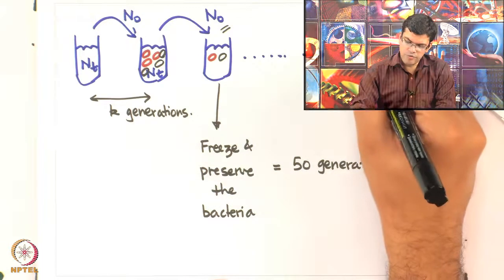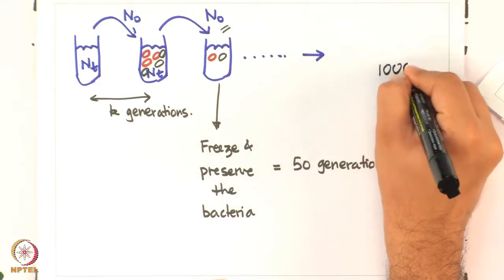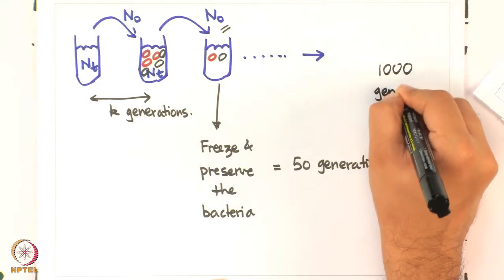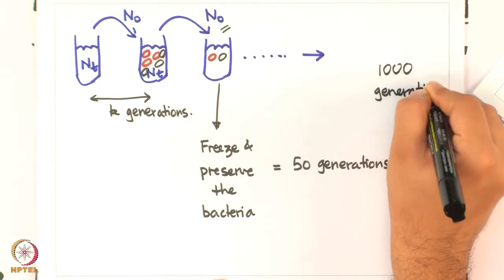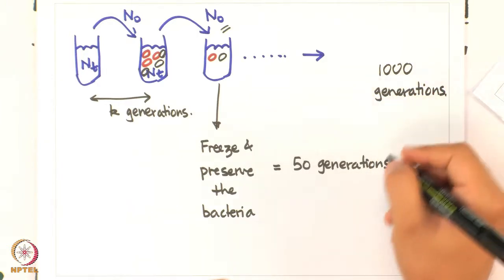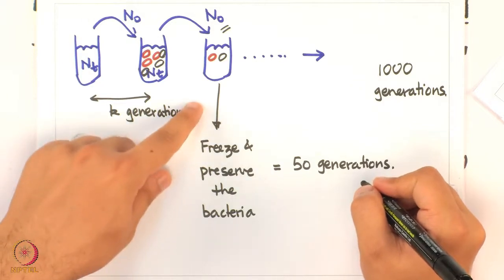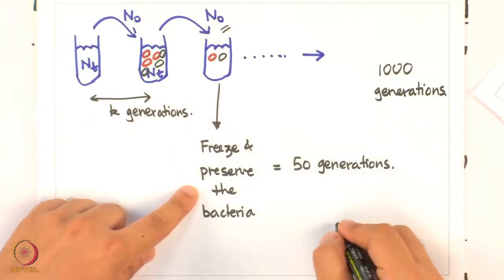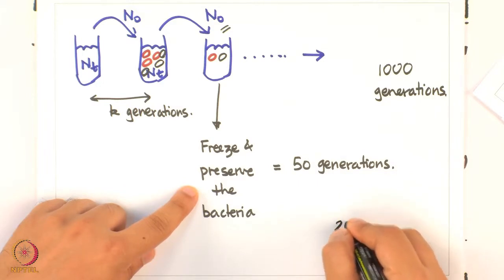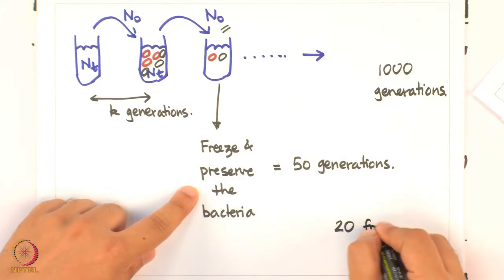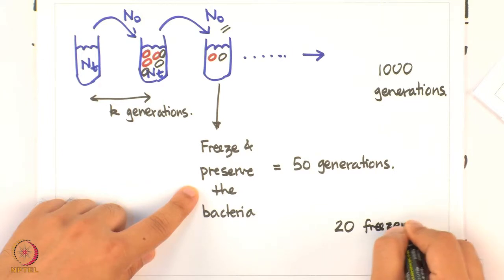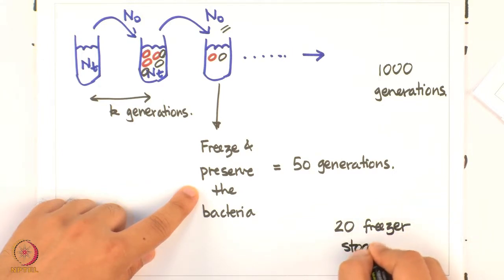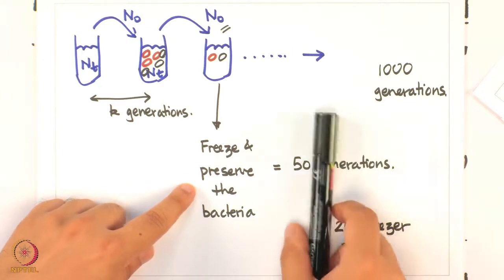So in all, if you had 1,000 generations in your experiment, and you are taking this sample from your evolutionary experiment every 50 generations, you would have 20 freezer stocks through the course of your evolutionary experiment.